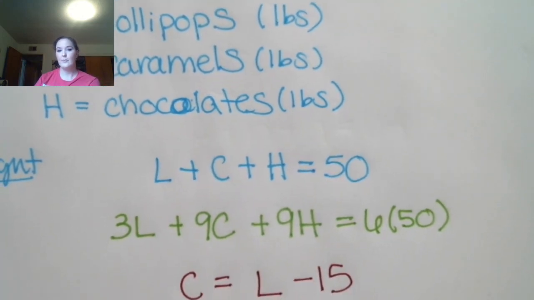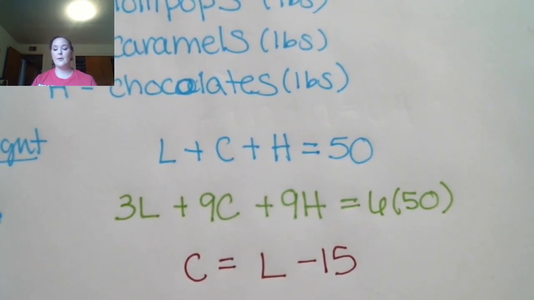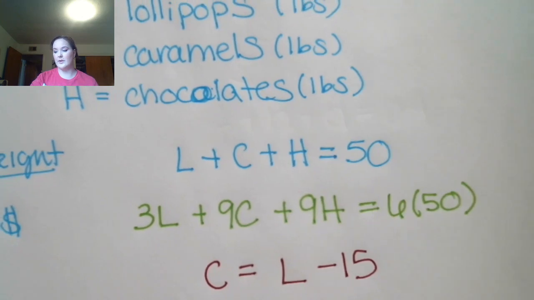Now we're actually going to solve this system because it does have kind of an unusual setup. So I want to show you what we can do with this type of equation. The first thing I'm going to do is put all of these into standard form, where we have all the variables on the left and the numerical value on the right.